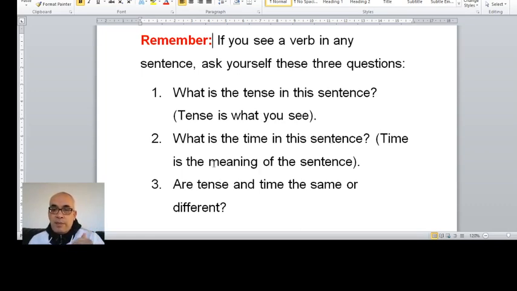Time is the meaning of the sentence. And question 3, are tense and time the same or different? Because sometimes they are the same, sometimes they are different. And these 3 questions are important. In all the tenses, we have 12 tenses in English, and these 3 questions are very important. Every time you see a sentence, every time you want to write a sentence, ask yourself these 3 questions.